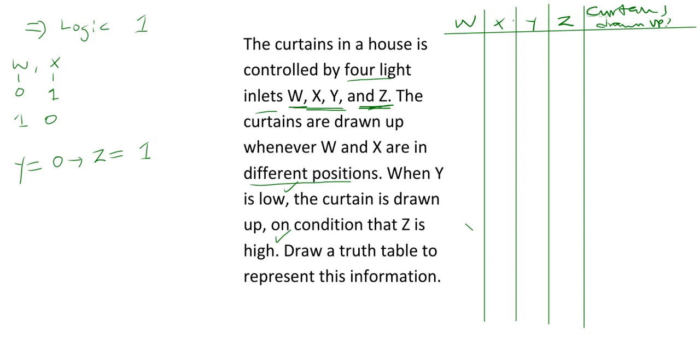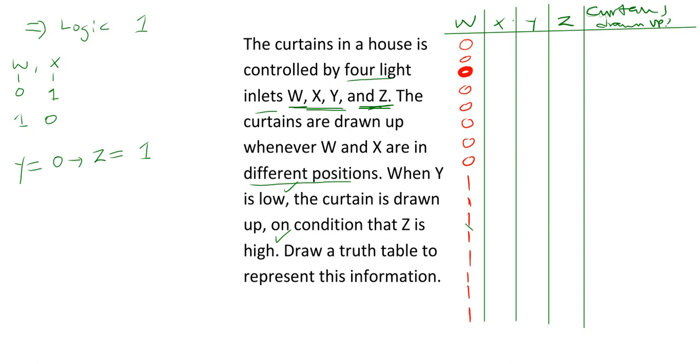So we have to have 16 different combinations. For each input, we have to combine the 4 inputs in different combinations. So for W, we can start with 8 zeros, then we have 8 ones, that is a total of 16.